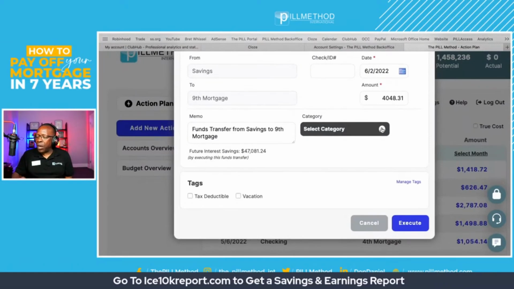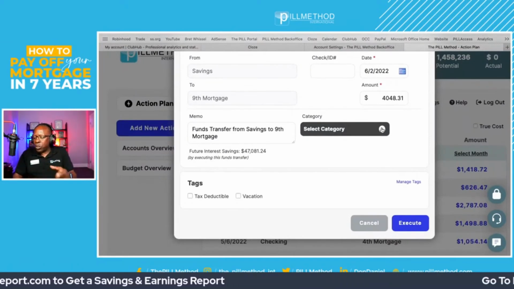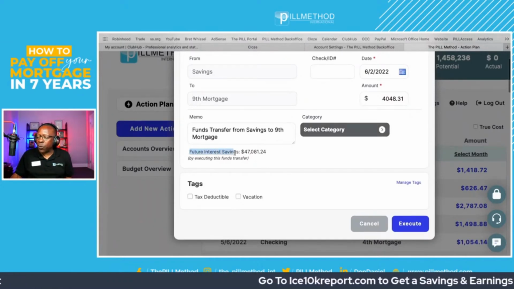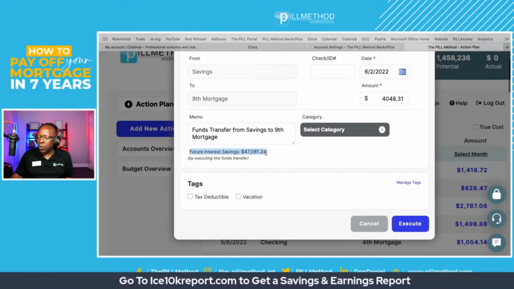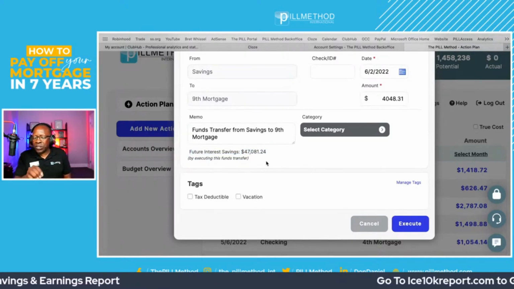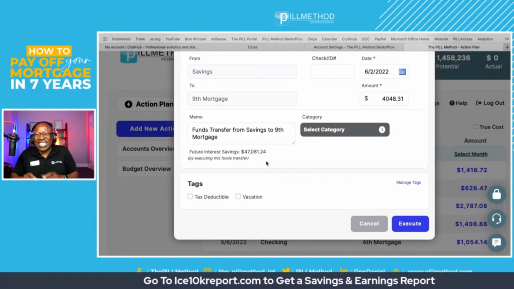By advancing $4,000 out of your savings account to mortgage number 9, look how much interest we eliminate. Future interest savings: $47,081.24. $4,000 on the debt, and we save $47,000 in interest. How powerful is that?